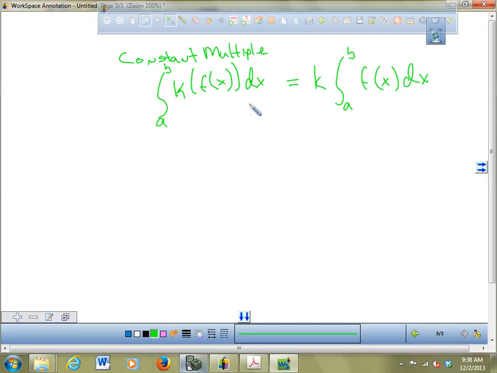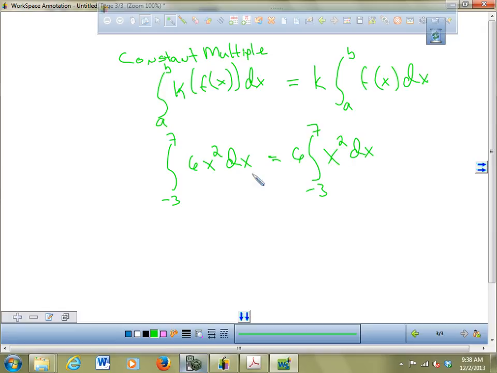So if I have a k inside my integral symbol, I can pull that constant outside. So for example, say I have something like find the integral from -3 to 7 of 6x squared dx. That's equal to, I can pull that 6 outside, so that's equal to 6 times the integral of x squared dx from -3 to 7.